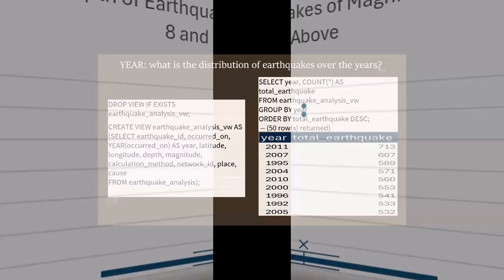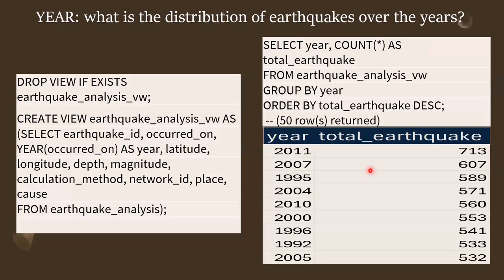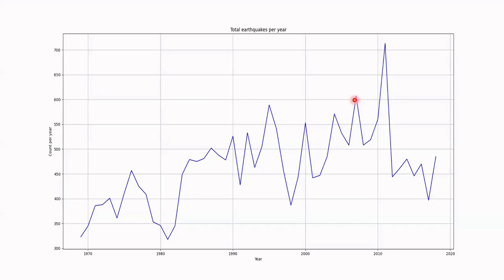Then we counted the earthquakes per year, and this is what it looks like pictorially. We notice that 2011 had the highest number of earthquakes in a year, and we'll find out the reason for that in a little bit.